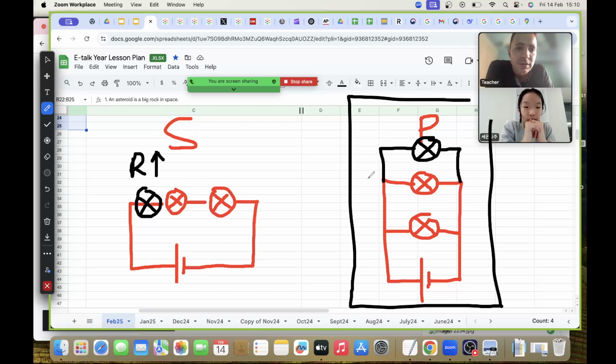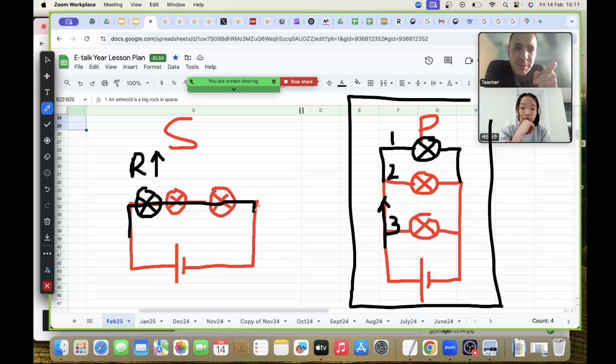Remember, why? Because remember the path. There are many paths that the current can flow. There are three paths: path 1, path 2, and path 3. On the series, there is only one path.